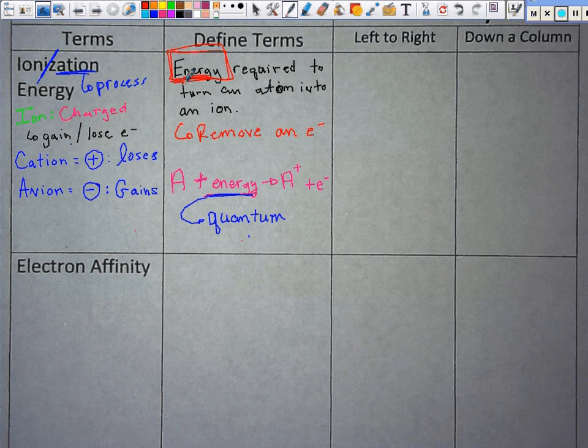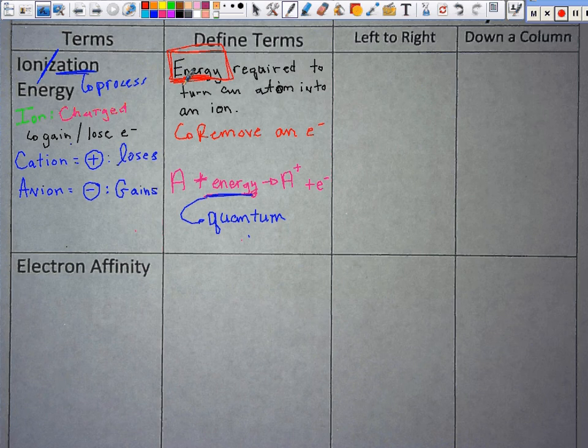Is it easier to gain 7 or lose 1? It's easier to lose 1. So group 1 requires the least amount of energy. It's all based on its charge and valence electrons, because its charge will be +1 and it has 1 valence electron.